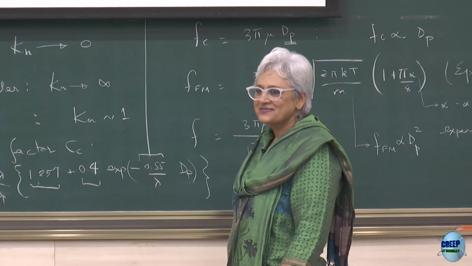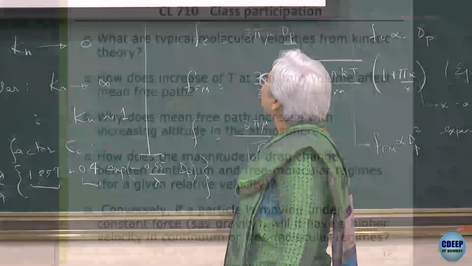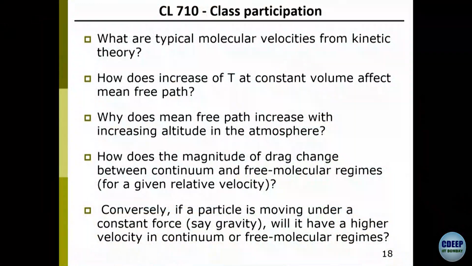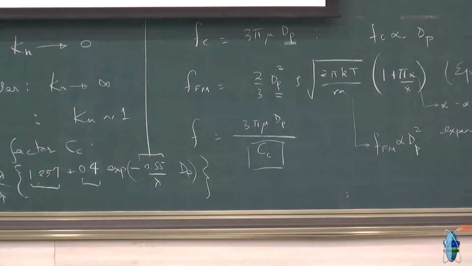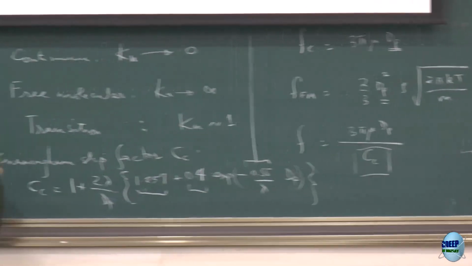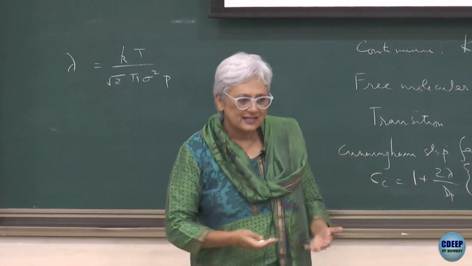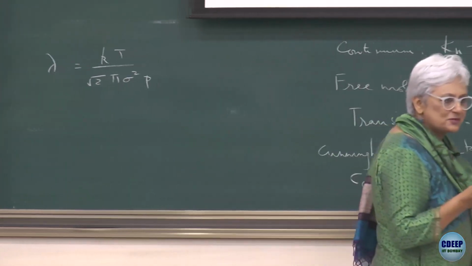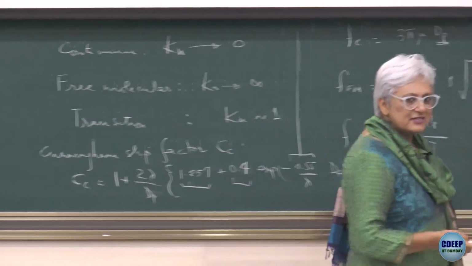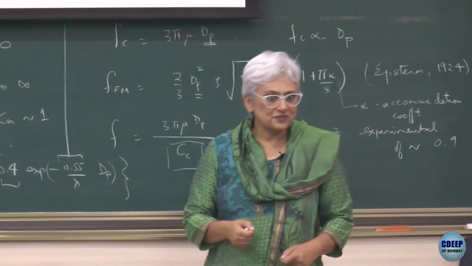Anything, Azam? Correct. Correct. So we had this mean free path has a direct dependence on temperature. If you were holding pressure constant, then increasing temperature without changing pressure is going to reduce the mean free path.